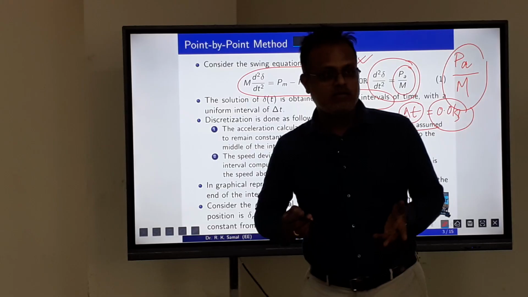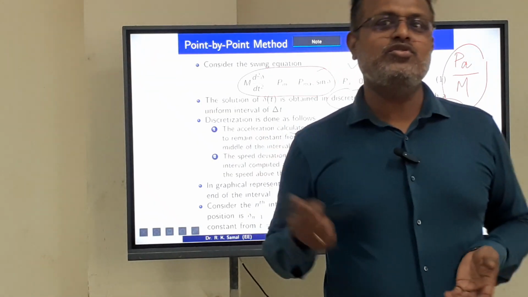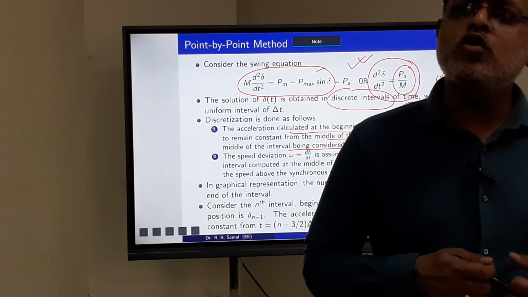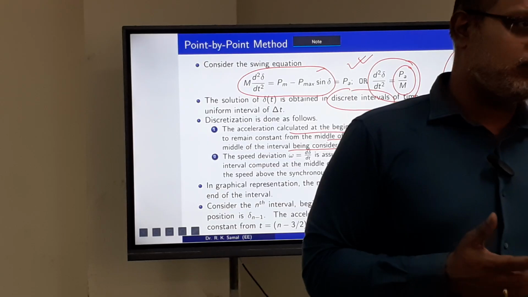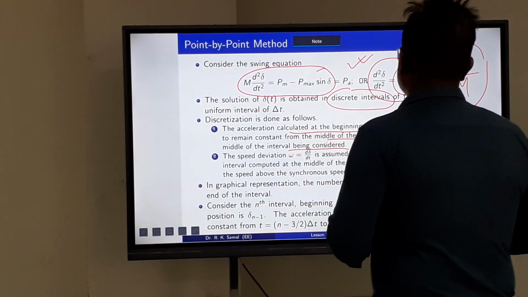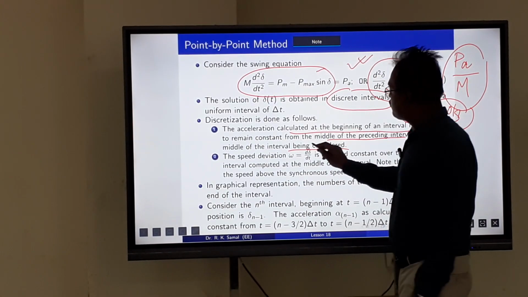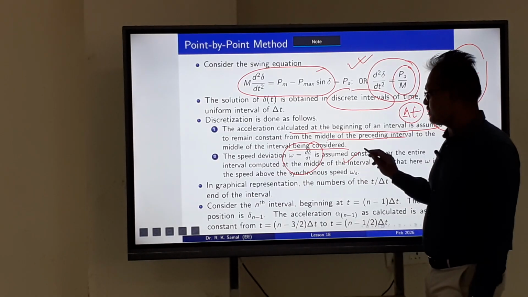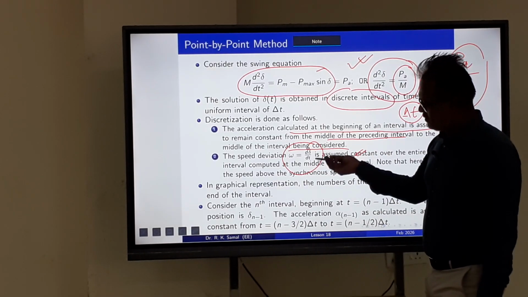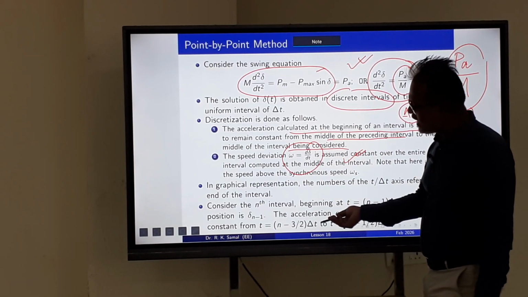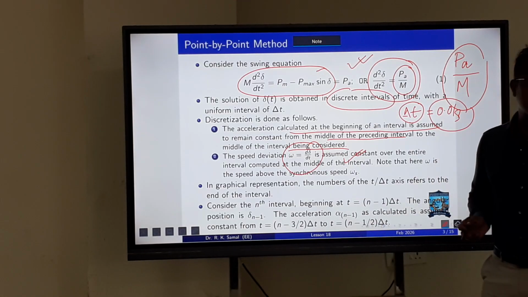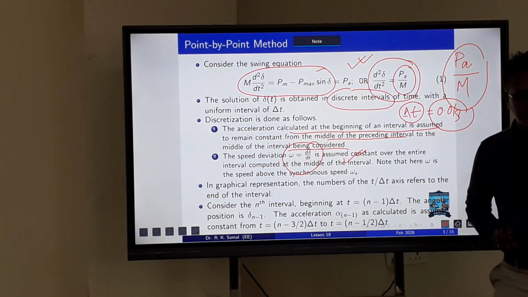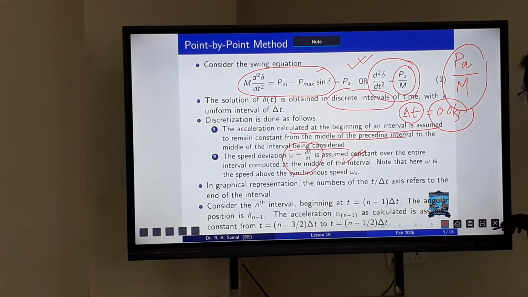Now you will ask why middle, why not end? This is one defined procedure; the Runge-Kutta method is a different one. Speed deviation is assumed constant for the whole interval. Then for every interval you assume a particular accelerating power and speed deviation. That is the principle behind this.